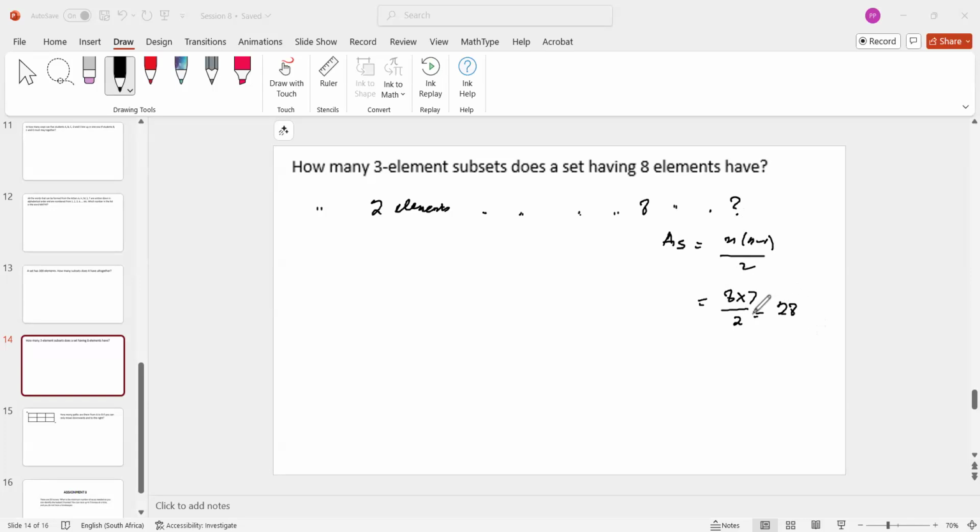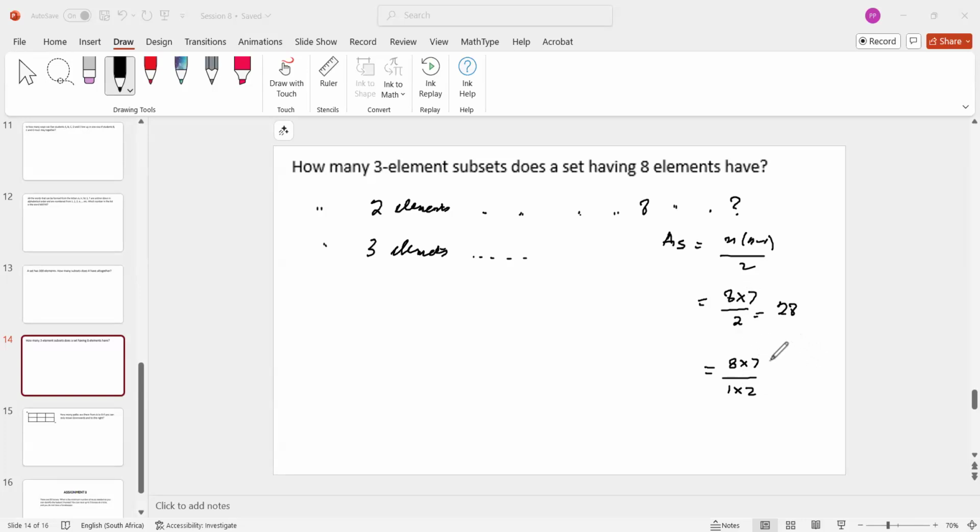But that's not the question. The question is how many 3-element subsets? And we didn't solve this problem, but I can tell you it's very similar to this. You can write this as 8 times 7 over 1 times 2.